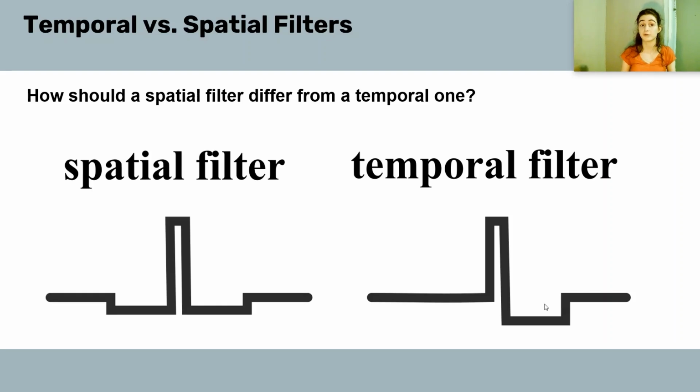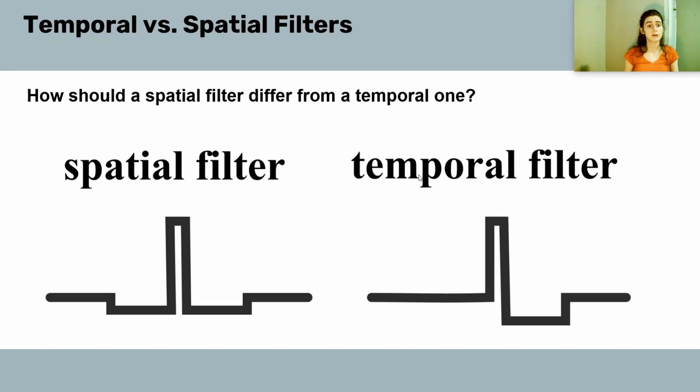In contrast, for the spatial filter, since space doesn't have any priority for a specific direction, in contrast to time, we would like to make our filter symmetric. In particular, when you think about time, there is some difference between past and future, so we would like to consider only past time points.